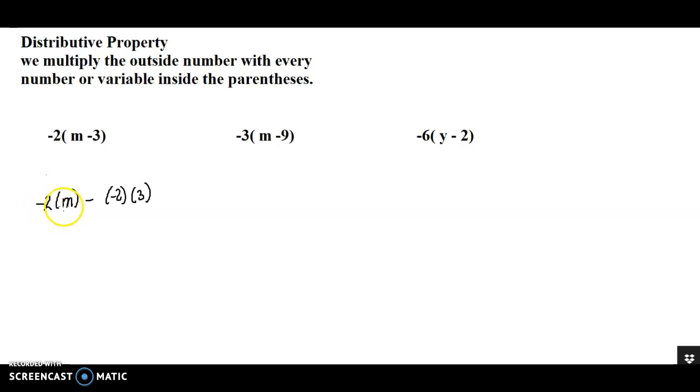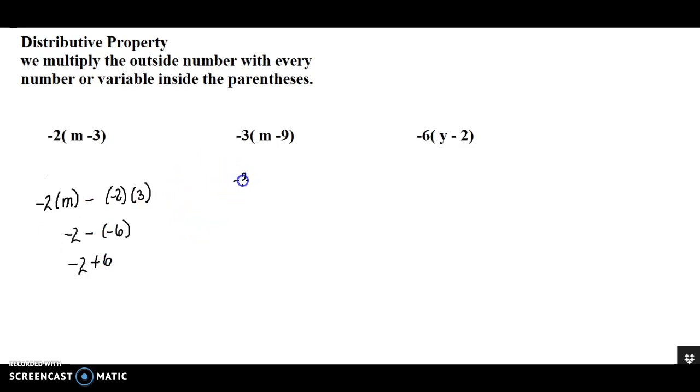A negative 2 times m gives me a negative 2m. Bring down the subtracting sign, and a negative 2 times 3 gives me a negative 6. And now minus a negative 6 is negative 2m plus 6.